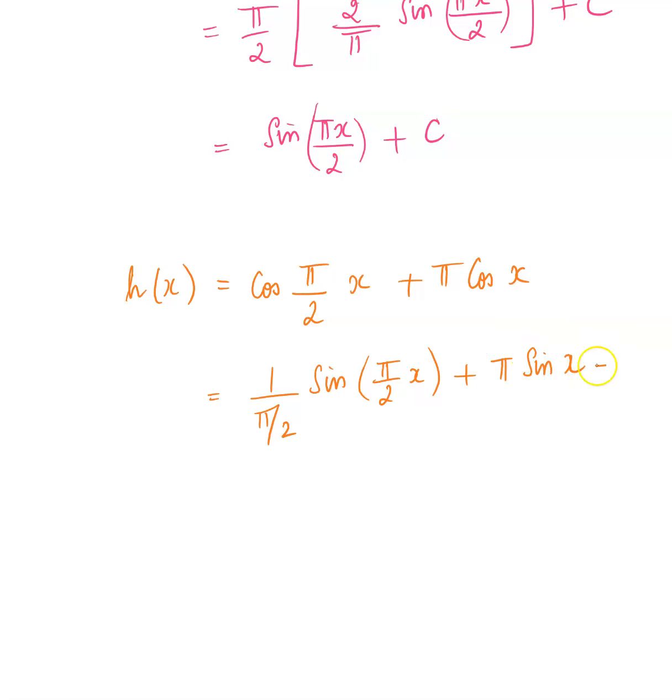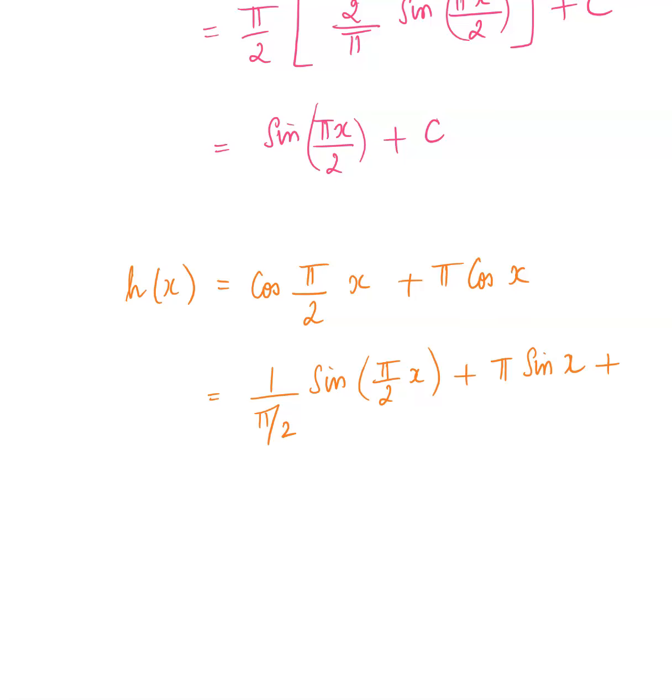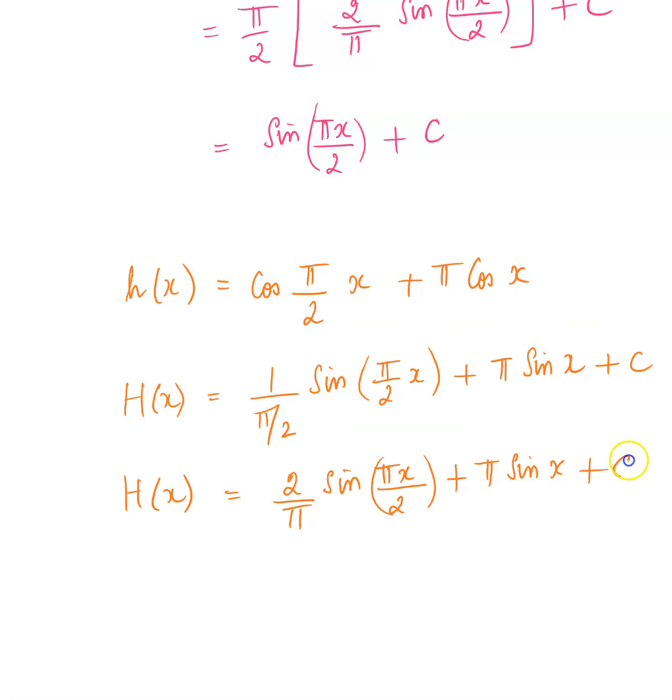Here k is 1, so you don't see much effect there. That simplifies as 2 over pi. Oh, by the way, this is capital H of x. Capital H of x is 2 over pi. Plus c.